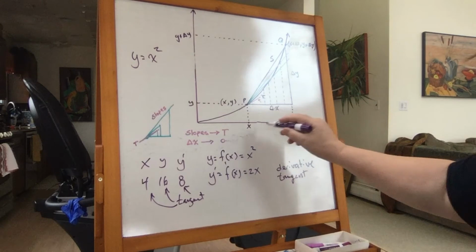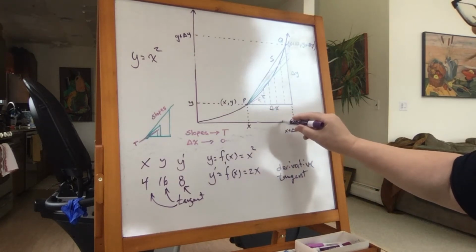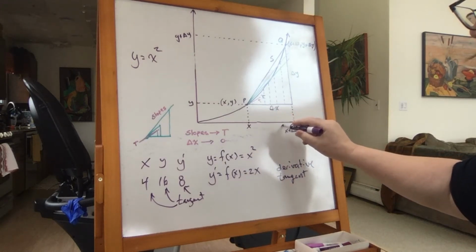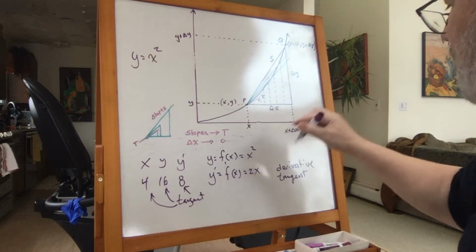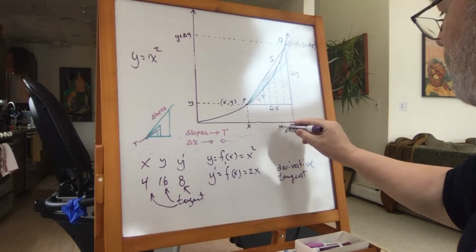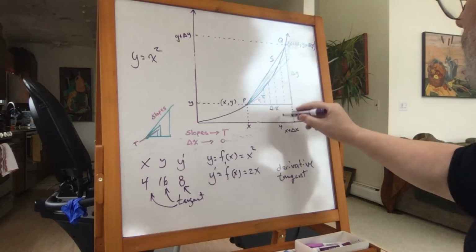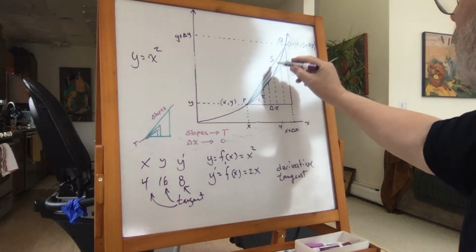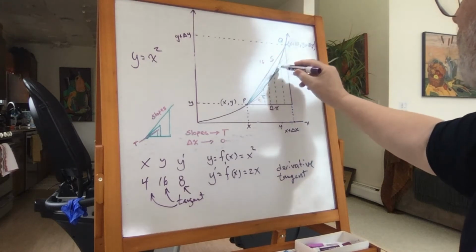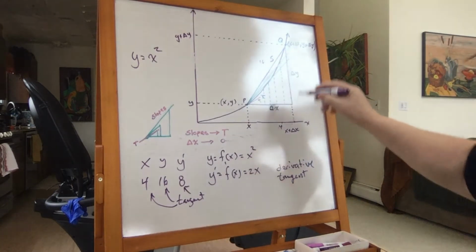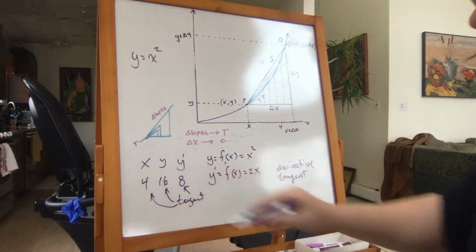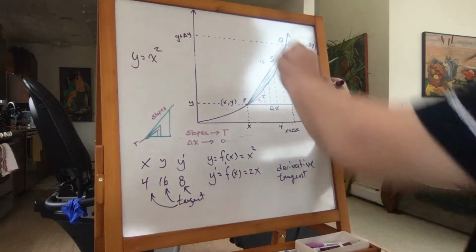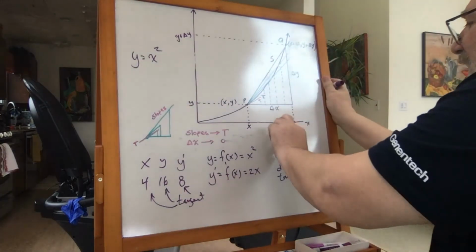So if this was 8 here, let's say that was 4, and this up here was 16, right there at that point, then the tangent line at that point would be 8. That's the slope.